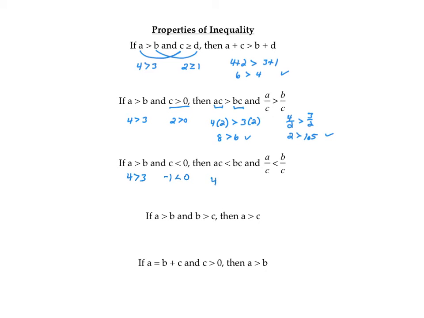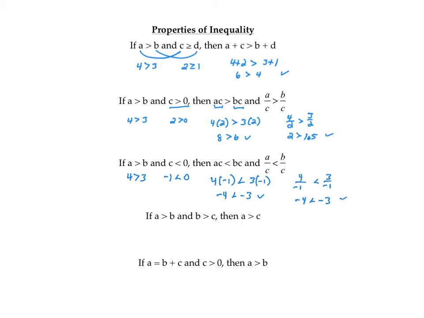We have 4 times negative 1 less than 3 times negative 1, which will give us negative 4 is less than negative 3, which is true. And then try it with a division. Take 4 divided by negative 1 and compare it to 3 divided by negative 1, and that will give us negative 4 is less than negative 3.